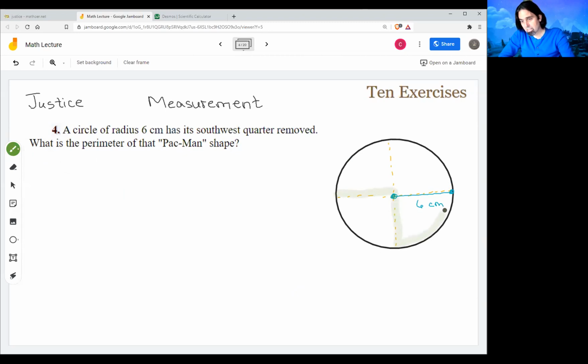Let's see if I can do somewhat respectable artwork here. So this is the shape that we want. And a very common mistake is to notice that the bottom corner that's removed looks sort of square.